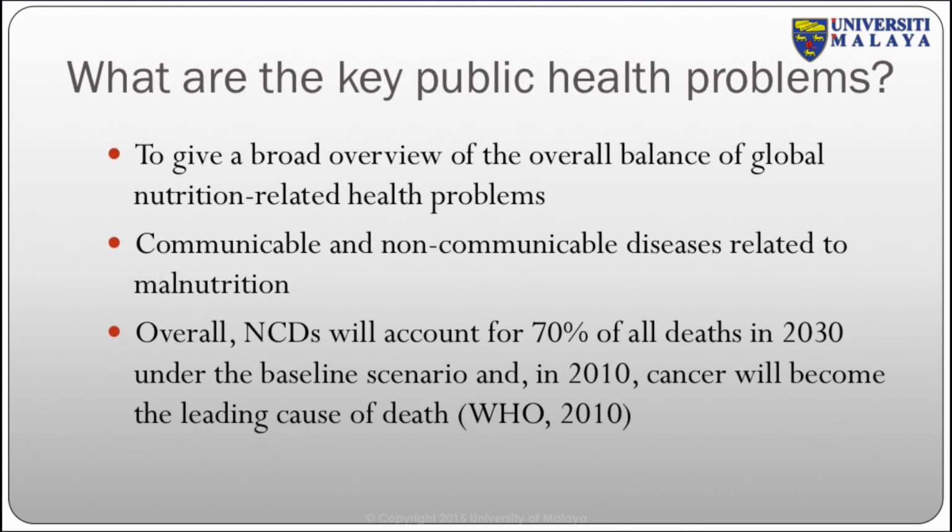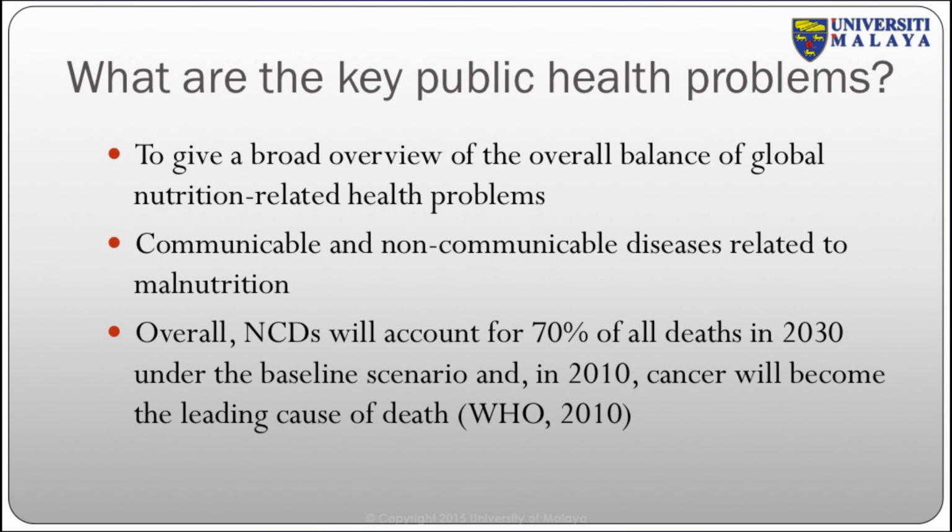For example, what are the key public health problems, communicable and non-communicable diseases, related to malnutrition? You have to understand that the term malnutrition is focusing on both ways. Both under and overnutrition are lumped together as malnutrition.